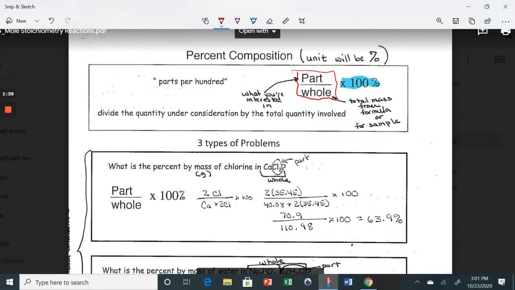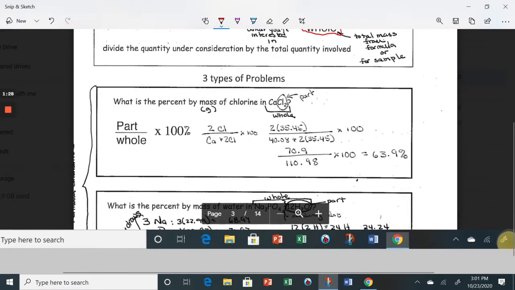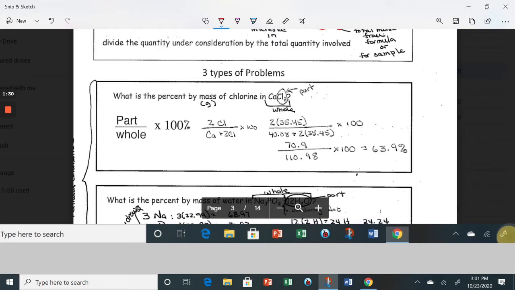So pretty straightforward is to use formulas and formula masses. So again, building, we learn how to write a formula from a name, and then we learn how to calculate a formula weight of the whole thing. So formula weight is the whole, right?